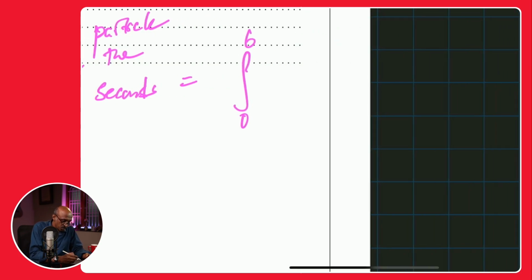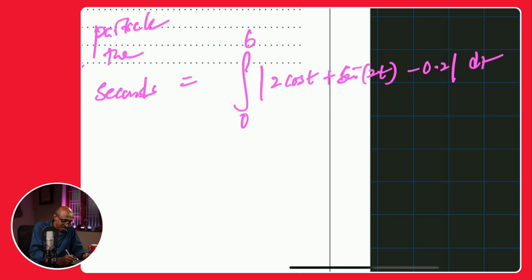So 0 to 6, 2 cos t plus sine of 2t minus 0.2, dt. And that, according to my calculator, was 7.76. Do not forget the units.